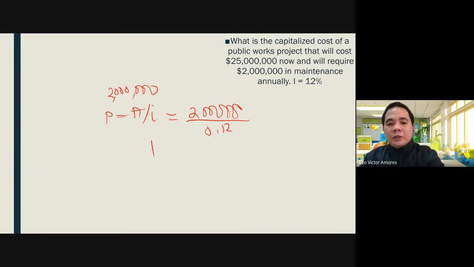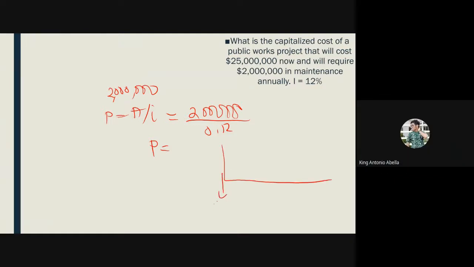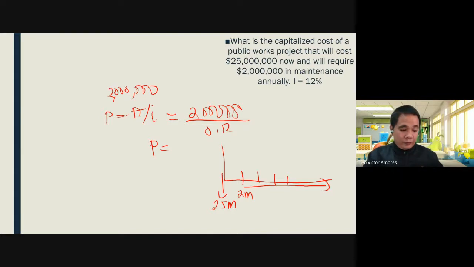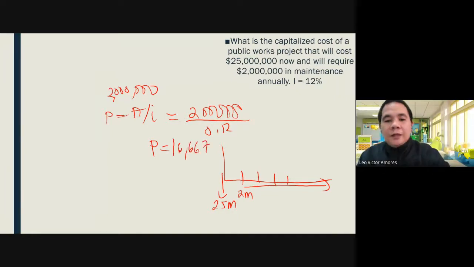What is the present value of the payment? It is cash flow of 2M until the end. So, what is 2 million divided by 0.12? 16,667, 16.667 million, plus that 25 million.